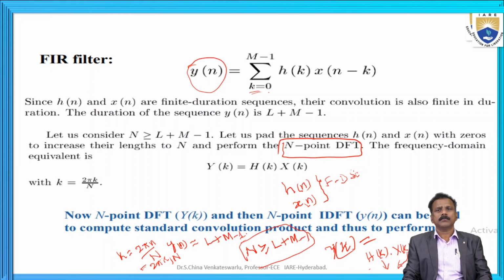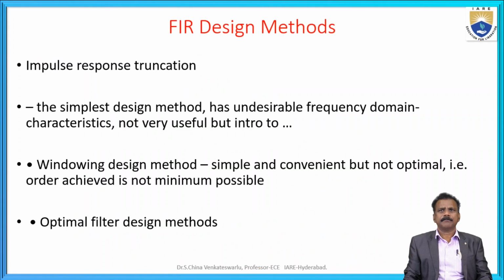Now perform the N-point DFT, followed by Y of k, and then the N-point inverse discrete Fourier transform, so y of n can be used to compute the standard convolution product. Okay, like this. Let us analyze the next topic, FIR filter design methods.